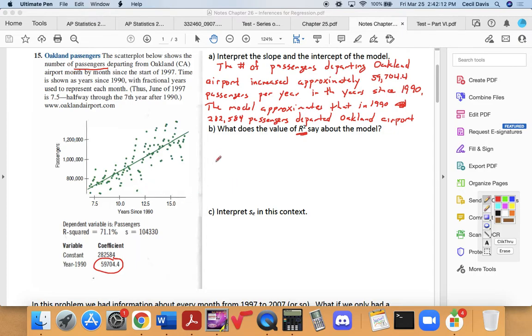How good did the model fit? Sort of, but it's the average distance from the dot to the line. It's squared, and the square is important. 71.7% of the variation in distance from the line.